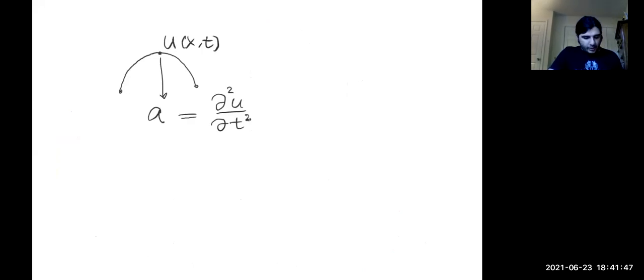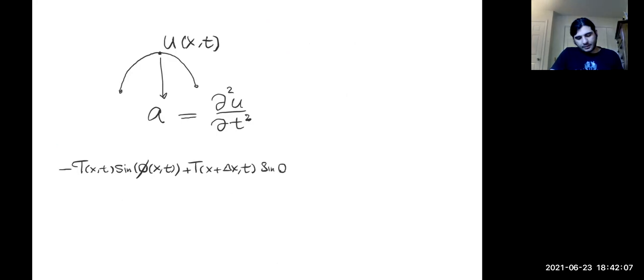What do we get? Let's write that down. So what we had earlier was minus T(x,t) cosine of, sine of... we were in the vertical direction, sine of phi(x,t) plus T(x+Δx,t) sine of phi(x+Δx,t) minus mg is equal to ma, which here would be the second derivative of u with respect to t at (x,t).